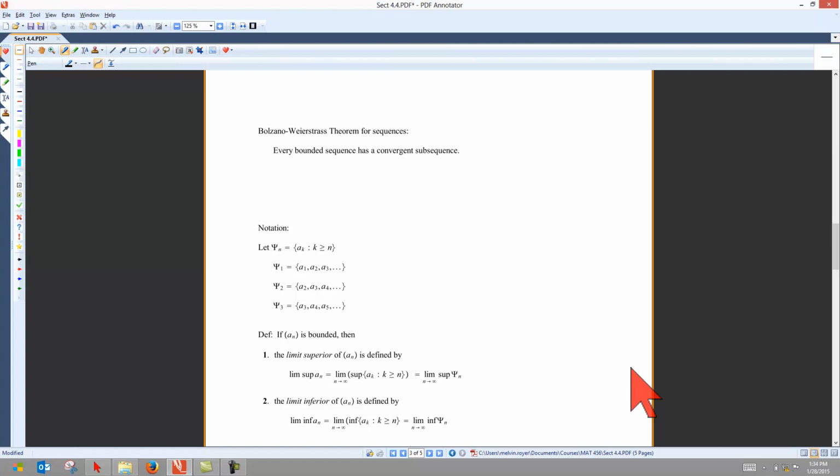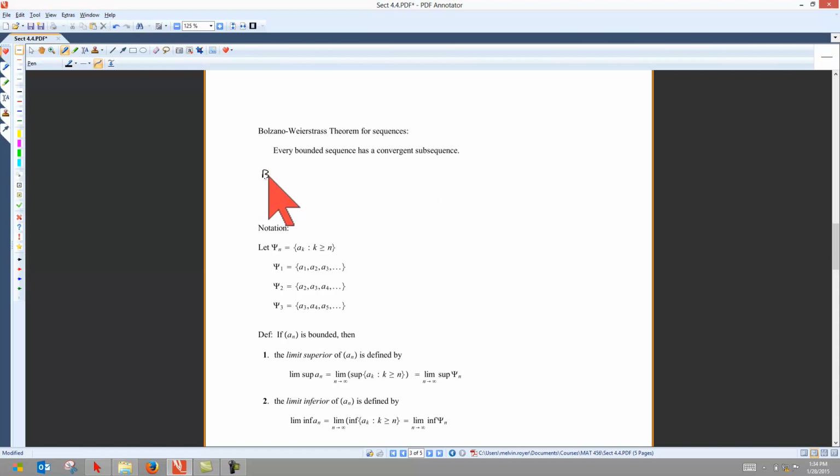It said that every bounded infinite set had a limit point, and so an accumulation point. And for sequences, the analog is every bounded sequence has a convergent subsequence. Well, let's prove this as well. It's easy if we have the previous theorem in mind.